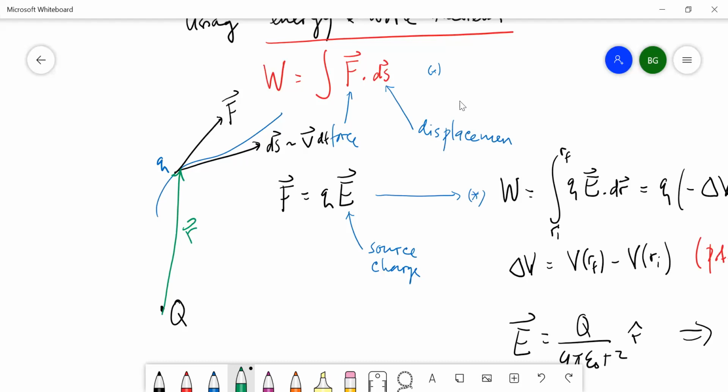For example, this is R1, and we call the new position R2, or maybe RF for final, and this is RI for initial.